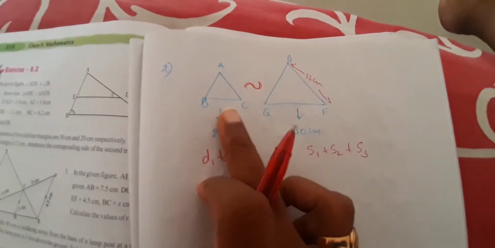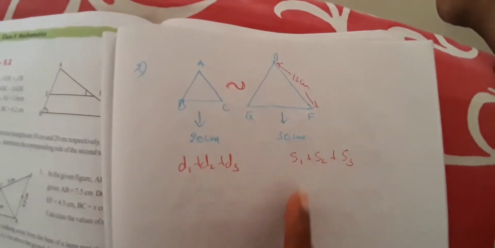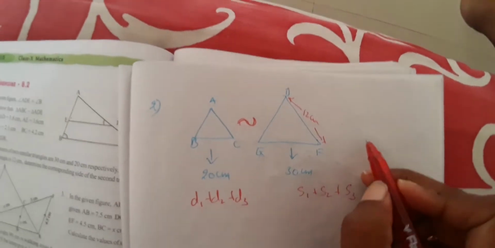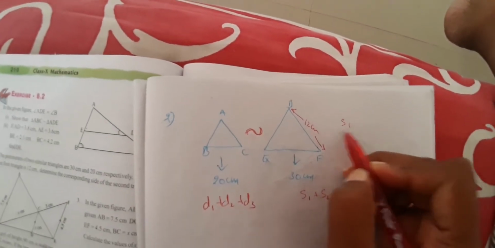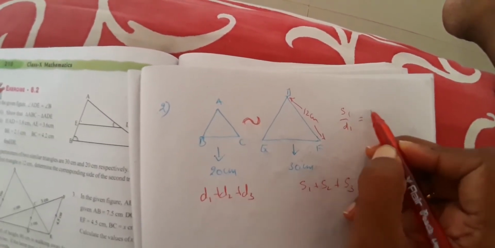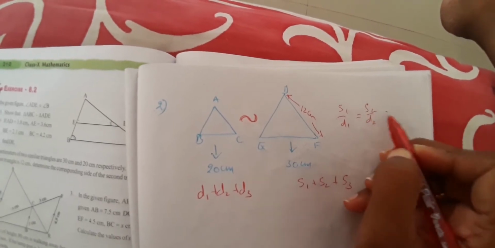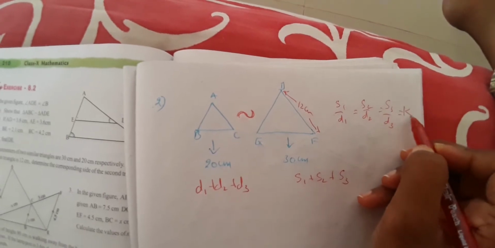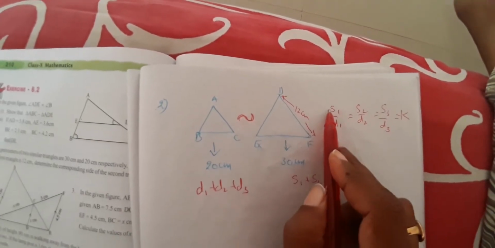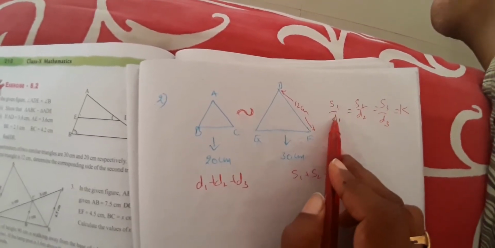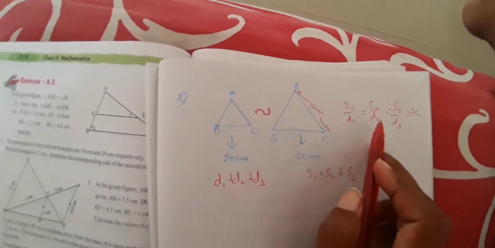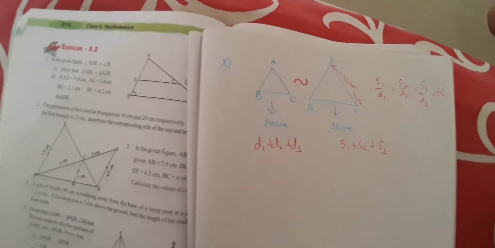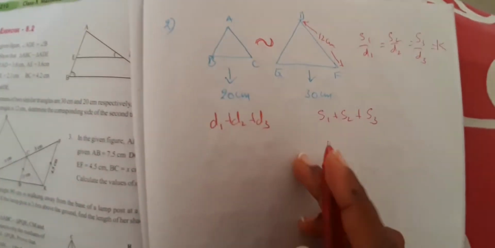When these two are similar triangles, corresponding sides can be expressed as S1 by D1 is equal to S2 by D2 is equal to S3 by D3 is equal to some constant K. So therefore I can express S1 as KD1, S2 as KD2, S3 as KD3.